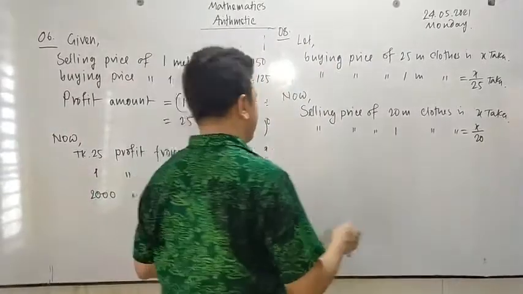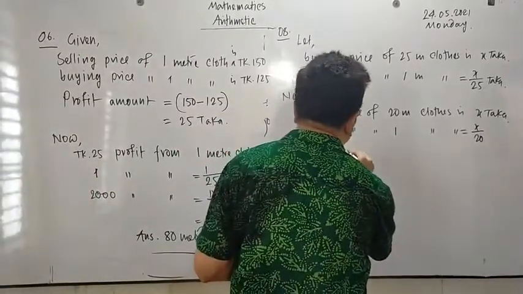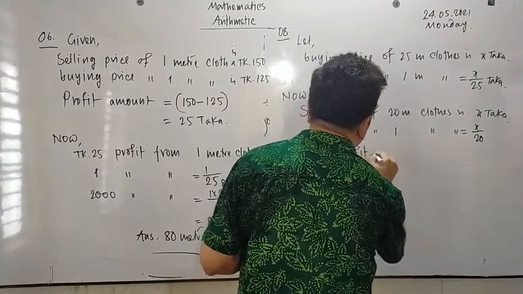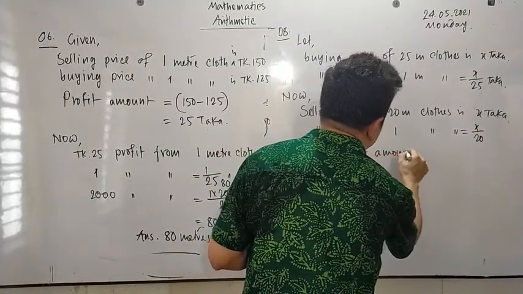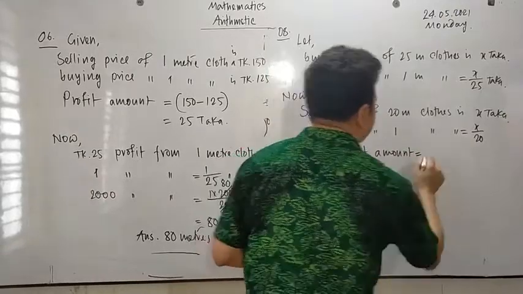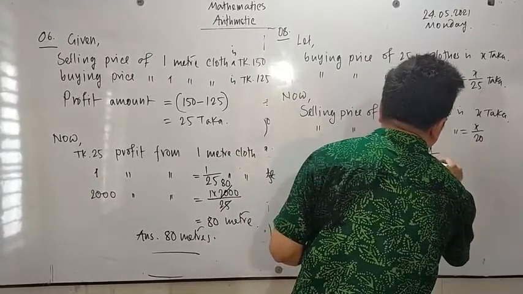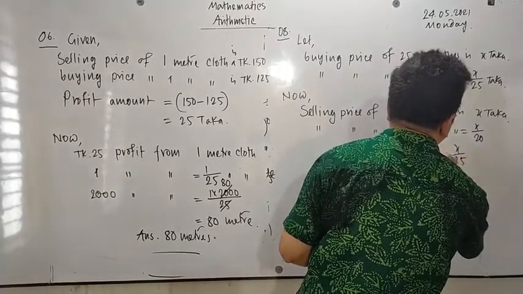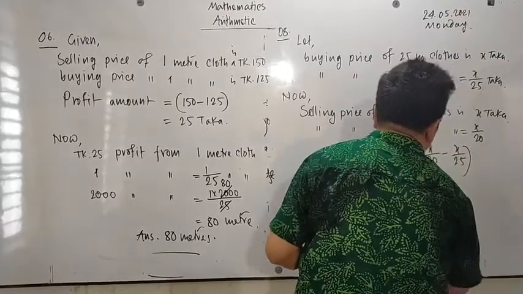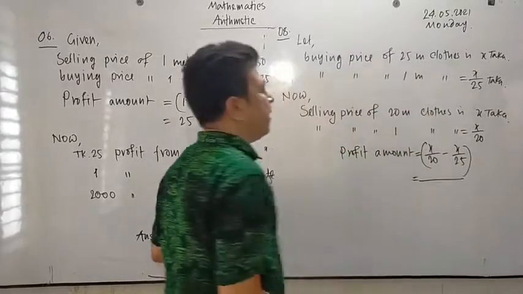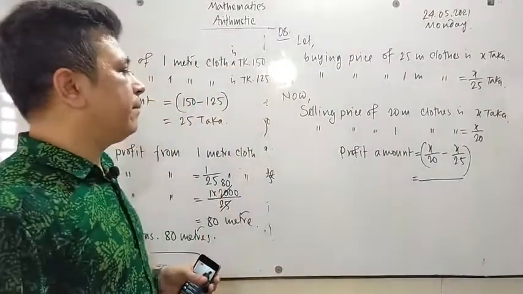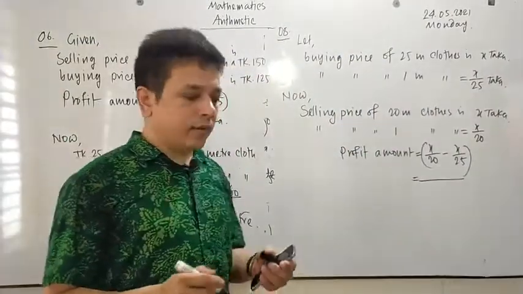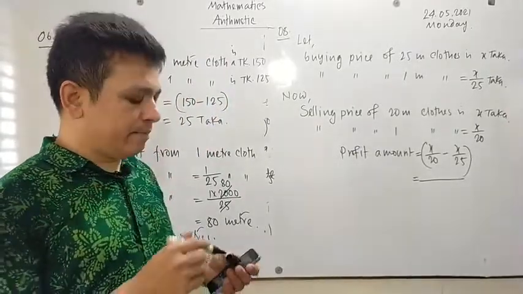So you can write the profit amount equals X divided by 20 minus X divided by 25, because the selling price is bigger, so of course it is profit. What is the LCM of 20 and 25?